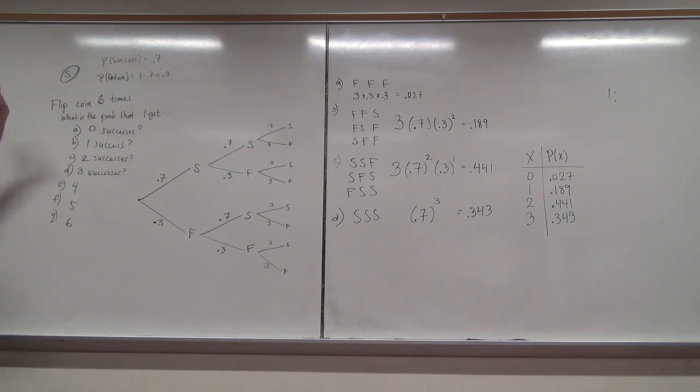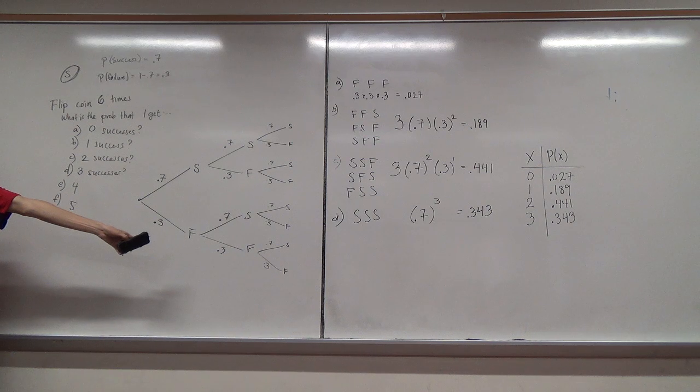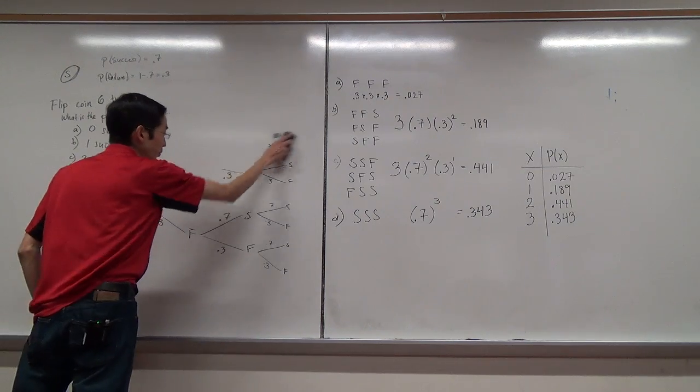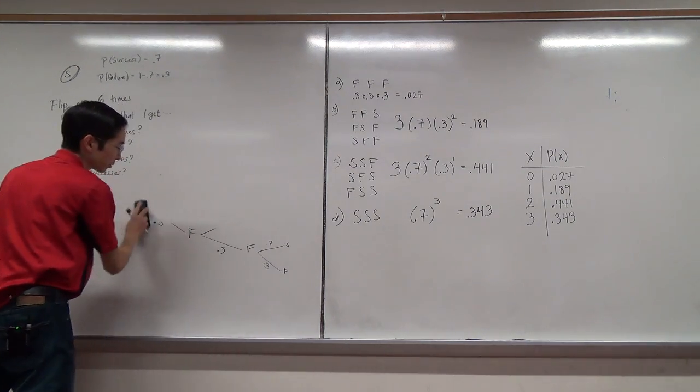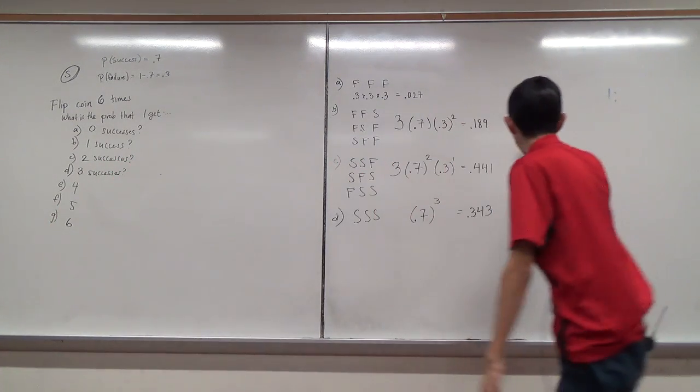Because if I flip the coin 6 times, I can get anywhere between 0 and 6 successes. And we can see that to answer this question, it would be very, very tedious to try to draw the full tree. But I'm hoping that when we did the tree for 3, we started to see a pattern here.